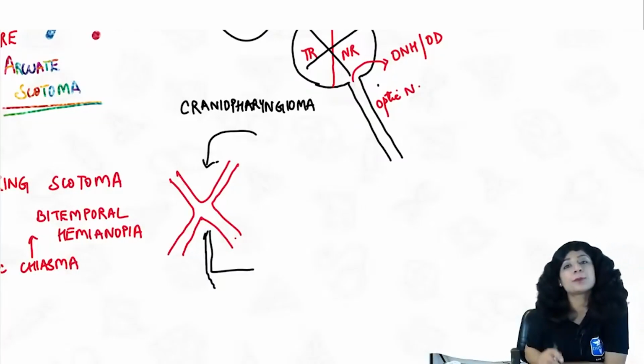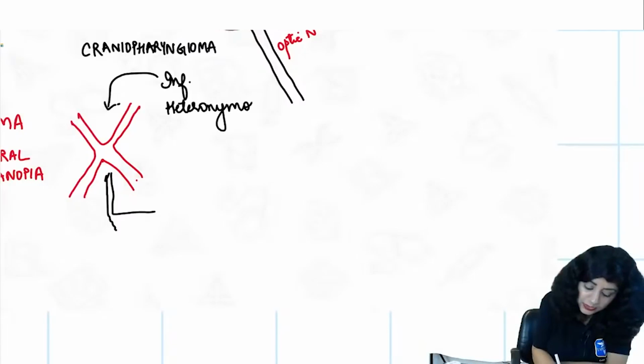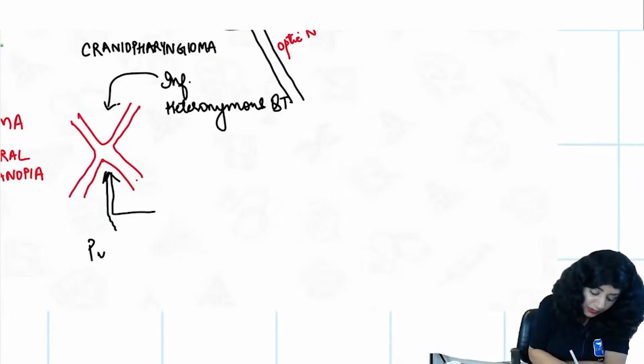Craniopharyngioma compresses the superior fibers. So I will have inferior heteronymous quadrantanopia.